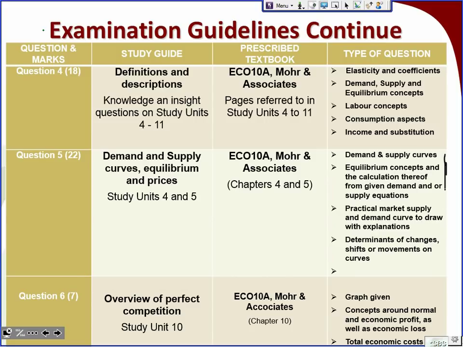It's a given graph. Concepts around normal economic profit as well as economic loss. I think in the assignment there was a question about economic loss. You had to explain what economic loss is, so it will be something similar to that. And then total economic costs is also important. So go through chapter 10, see where all of these appear, and make sure that you can address that part of the chapter.